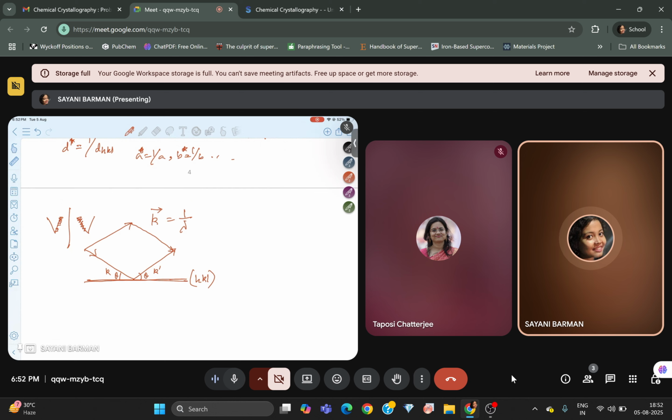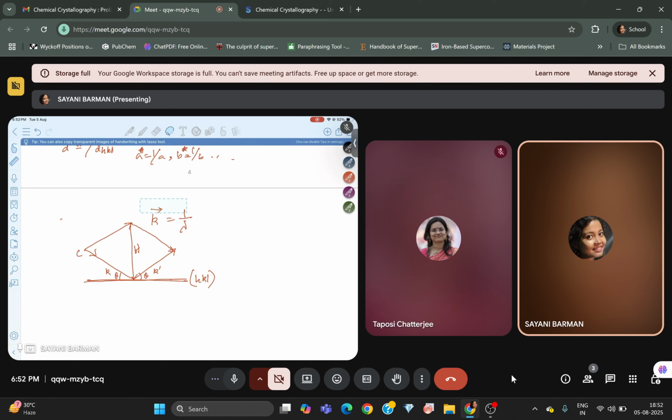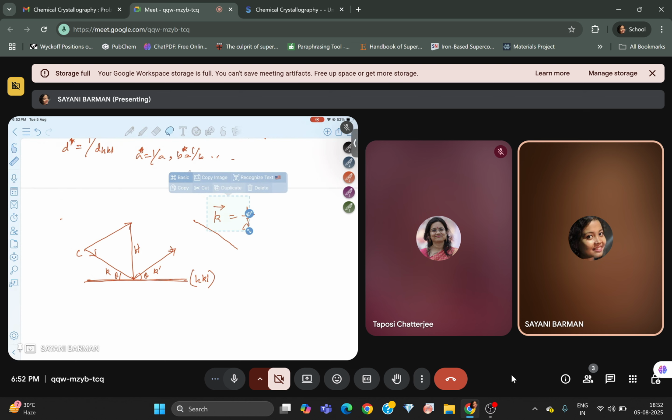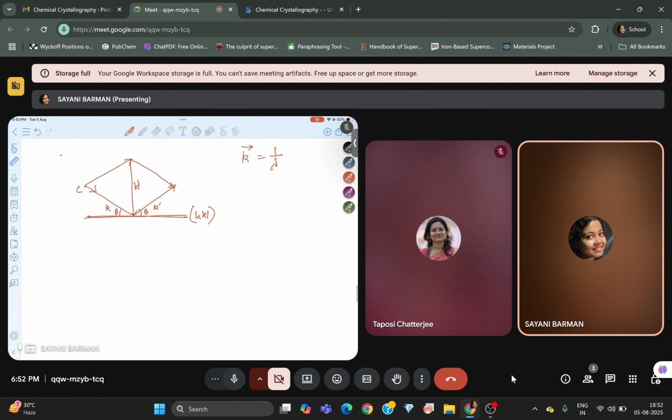Now if we draw a perpendicular to this, let's name it as H. There's nothing specific, I'm just naming it H. Also name the specific corners as well.